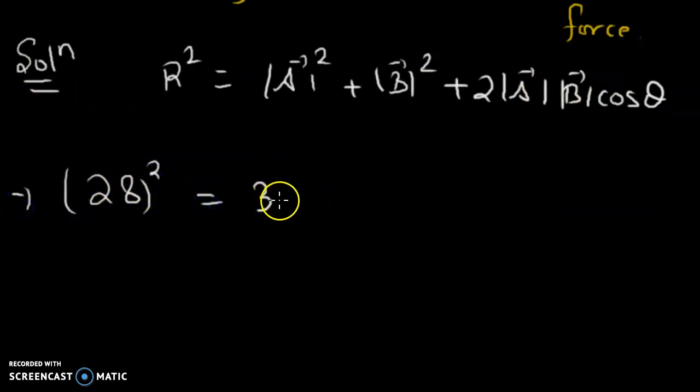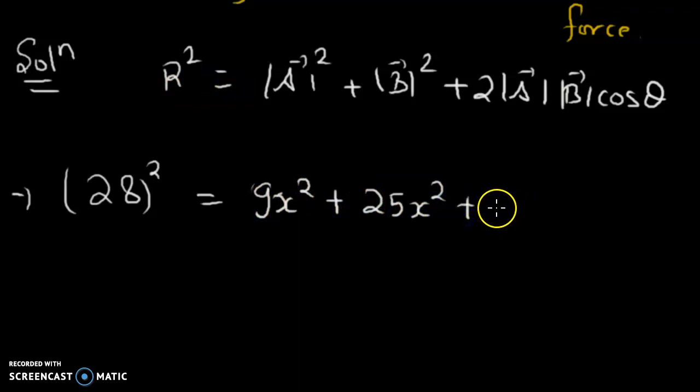Individual forces are 3x and 5x, so 3x square would be 9x square, and 5x square 25x square, and twice of 3x times 5x would be 30x square, and cos theta is cos 60, which is half.